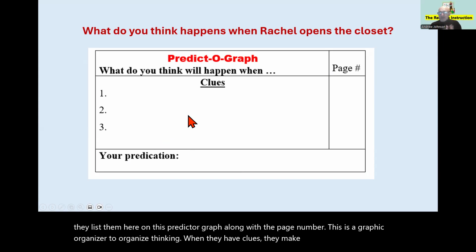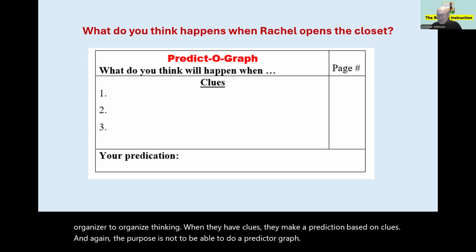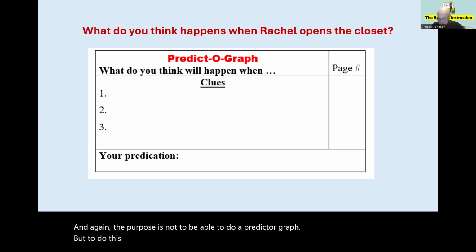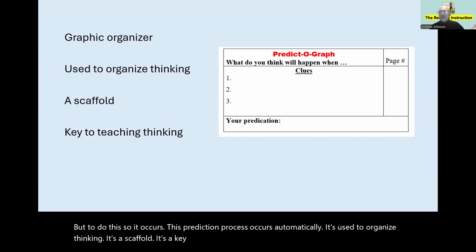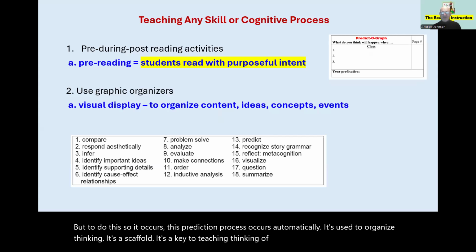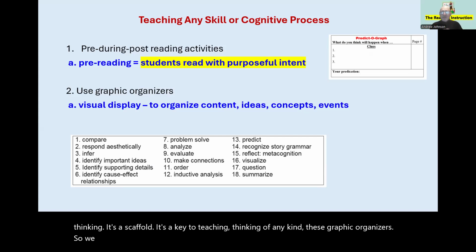And again, the purpose is not to be able to do a predictograph, but to do this so this prediction process occurs automatically. It's used to organize thinking. It's a scaffold. It's a key to teaching thinking of any kind, these graphic organizers. So we teach the cognitive processes. These are done pre, during, and post-reading activities.